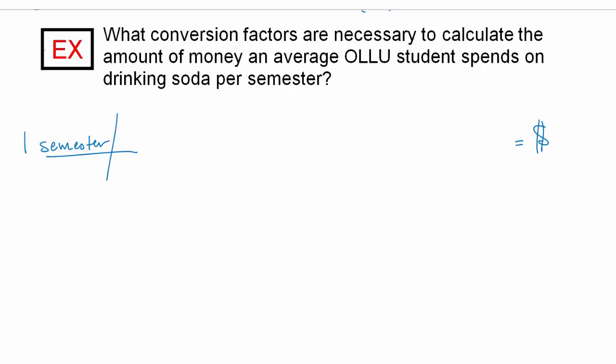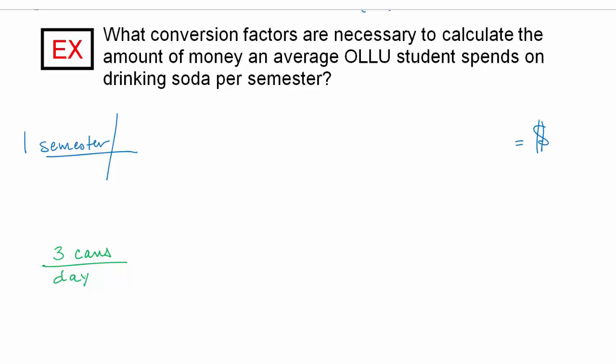So what conversion factors do we need? Well, we need to know how much soda a typical person drinks per day. Now, let's just say it's, I don't know, 3 cans a day. That might be a lot, but 3 cans per day. Or in a day, there's 3 cans, either way. What other conversion factors do you think we need?